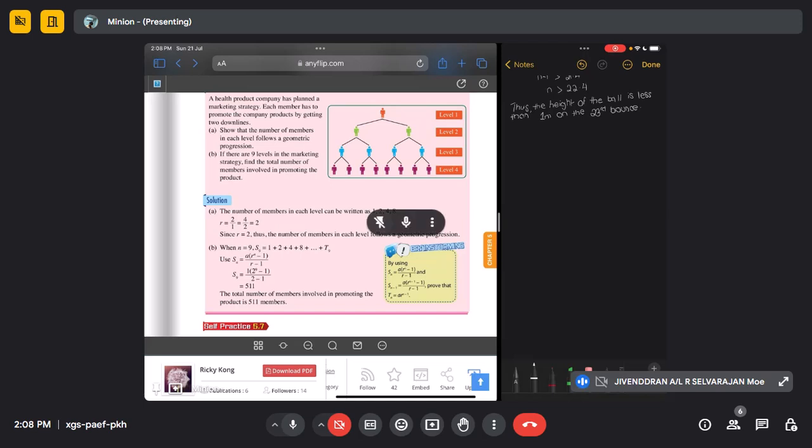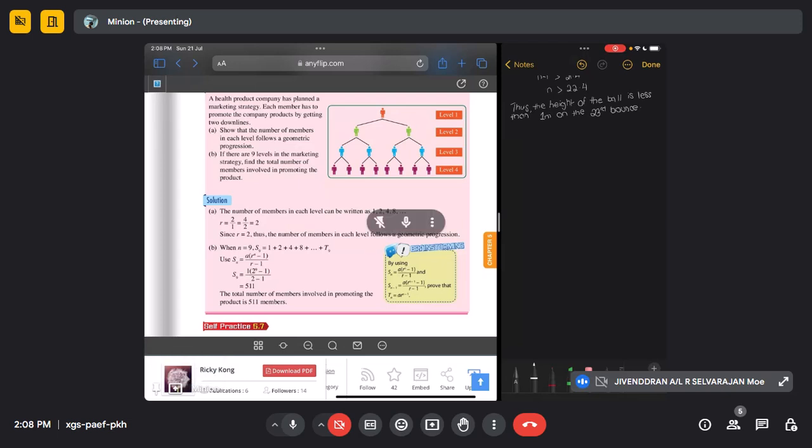Take the second term, divide by the first term to get one ratio, and then take the third term, divide by the second term to get another ratio, and see whether they are equal or not. So here r equals 2 over 1, which equals 2, and then r equals 4 over 2, which equals 2. So both ratios are the same. That means the sequence is a geometric progression.